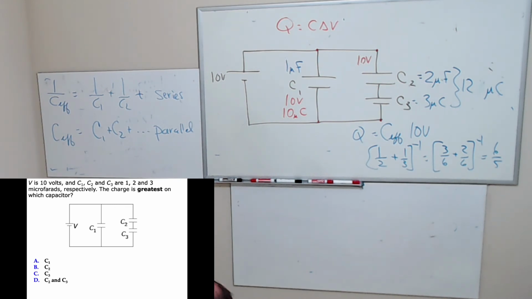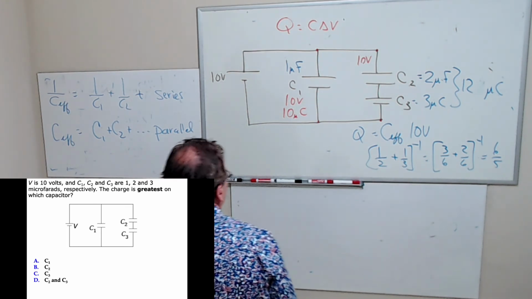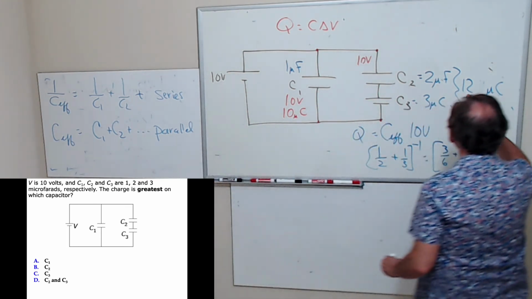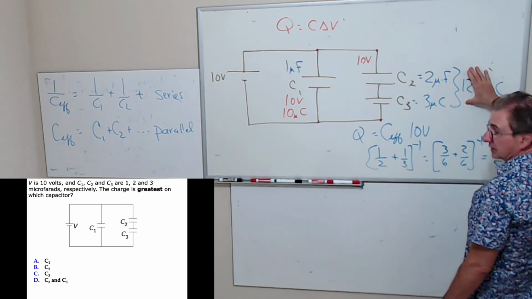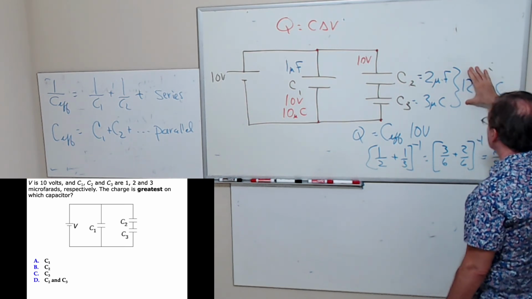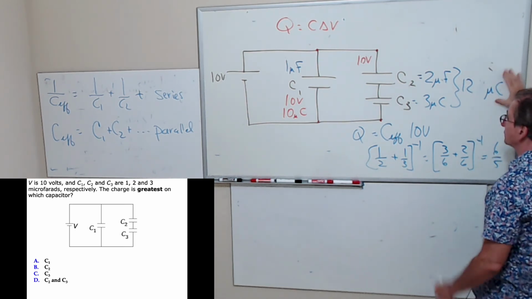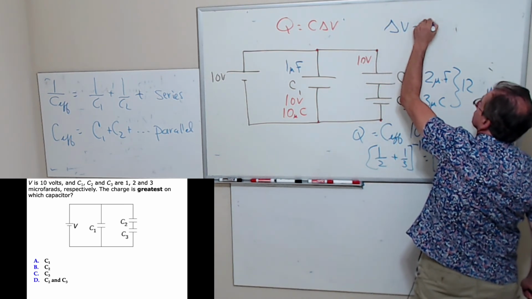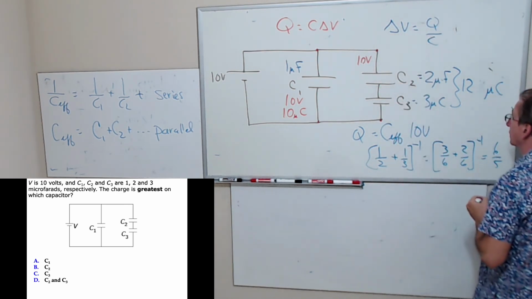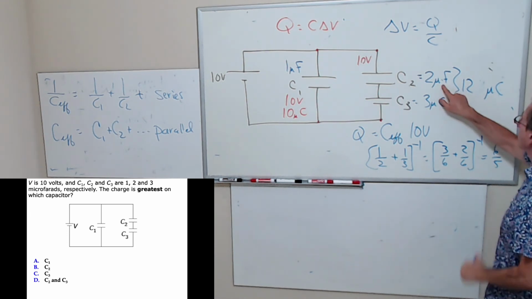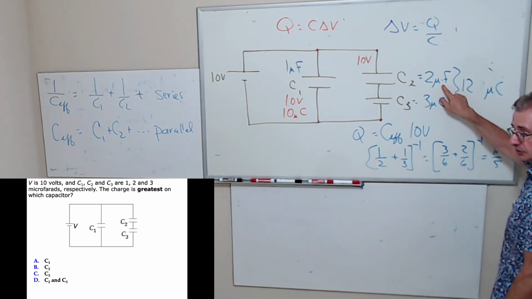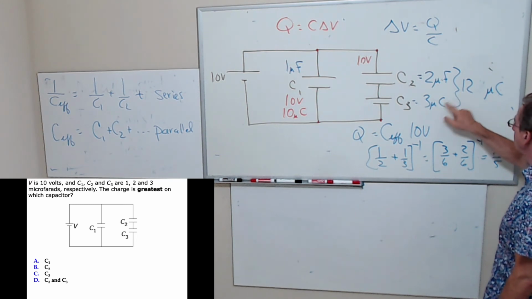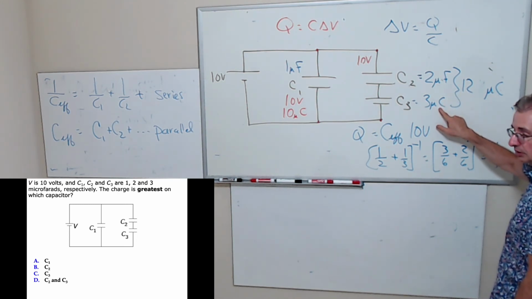Oh, how did I get to 4 and 6 volts? Good question. I did that quick, didn't I? So you're okay with the fact that both of these have 12 microcoulombs of charge. If I solve for delta V, it's Q over C. So 12 over 2 is 6, and for this one, 12 over 3 is 4.